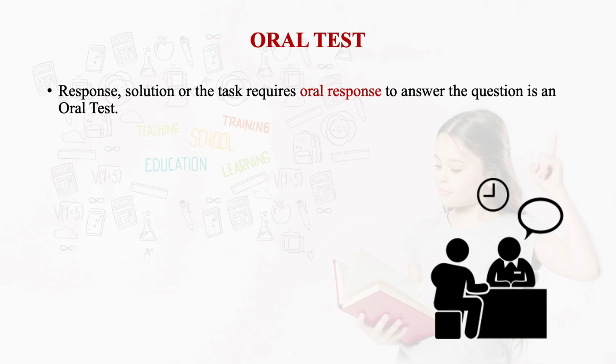Friends, a response, solution or task that requires an oral response to answer the question is an oral test. Oral test means many a time we are involved in interactions. So we provide our oral response to the teacher to answer the question.